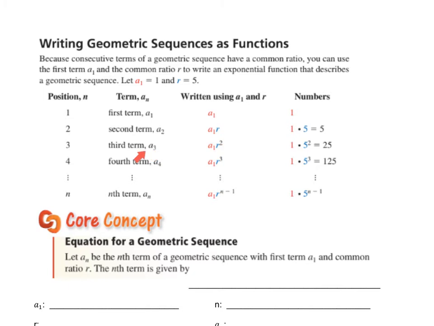Then the way that you find the third term is you multiply by another 5. And then the way that you find the fourth term is you multiply by another 5. So what this is saying is you just take the first term and you multiply by the ratio however many times you need to, depending on what position you are in the sequence. And so we end up with this expression right here.